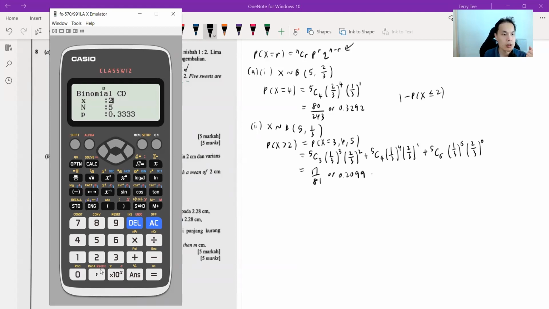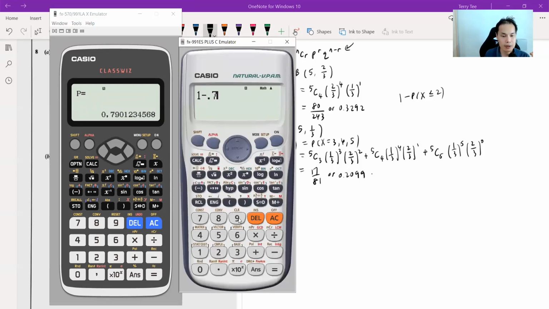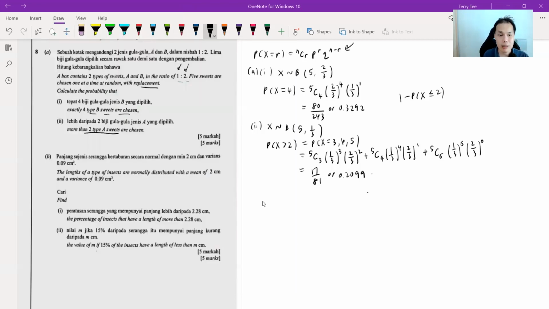So my x is 2, my n is still 5, my p is still 1 over 3. This is my probability. But I need to do 1 minus answer. Okay, 1 minus 0.7901. Maybe I should just show you on this calculator here. Yeah, 1 minus 0.7901. Guess what? You got the same answer, 0.2099. Okay, so there are many ways you can calculate this.